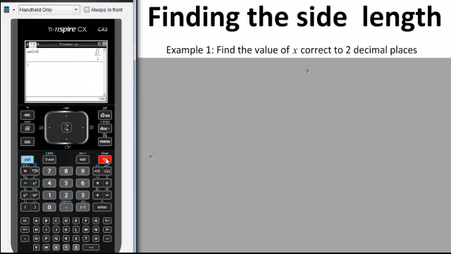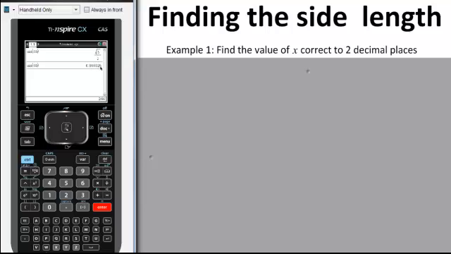Okay, if I just want to find the answer to a certain number of decimal places, I press on my trig button here, sine, and then 60, and I'm going to do Control Enter, and that's going to give me an approximate answer rounded to 6 decimal places. So the sine of 60 here is 0.866025.